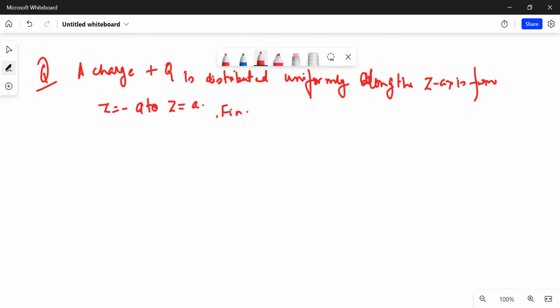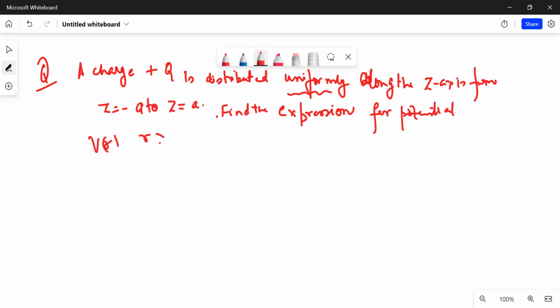Find the expression for potential V(r) for all r greater than a.